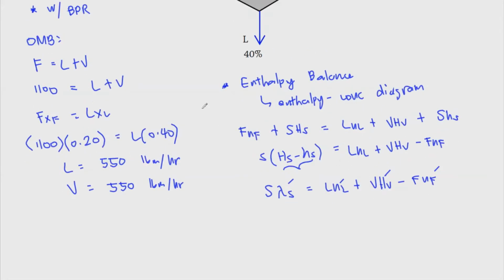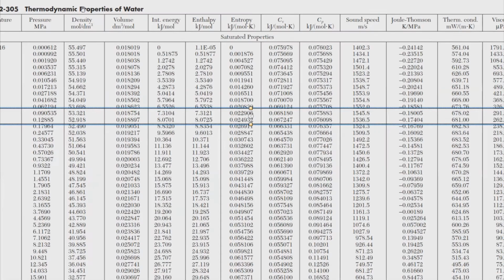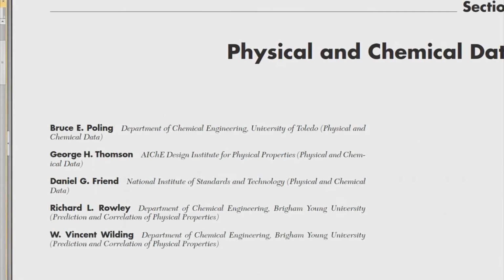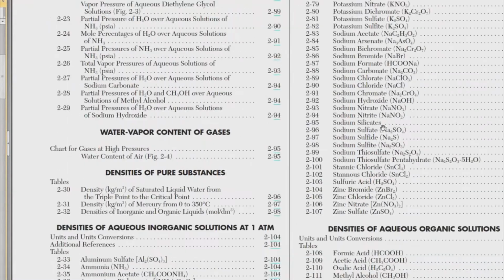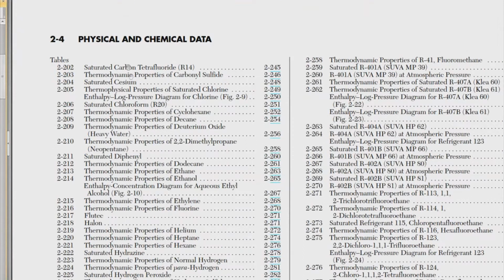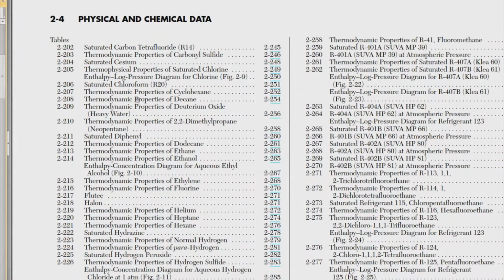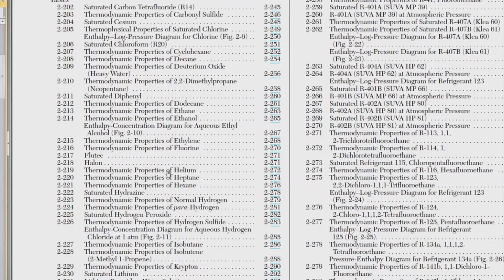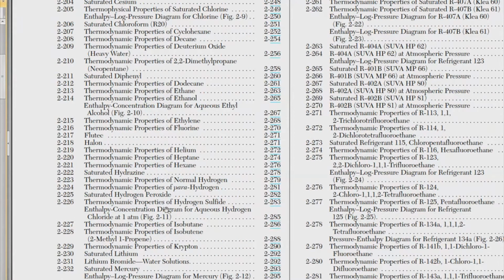Okay, so we go back to Perry's Handbook, and let's check on chapter 2. As you can see here in the thermodynamic properties, there are some enthalpy concentration diagrams. For example, for ethyl alcohol or ethanol, there's this enthalpy concentration diagram, same as for hydrogen sulfide.